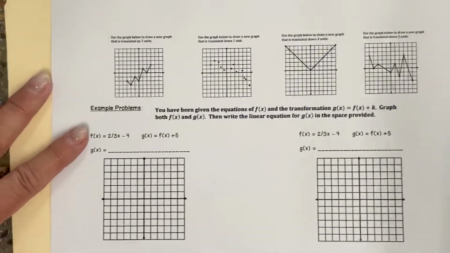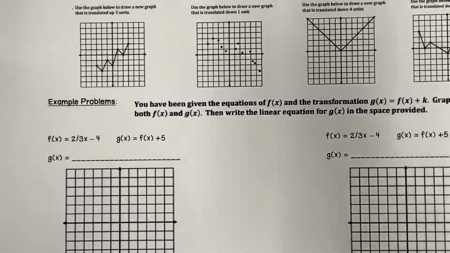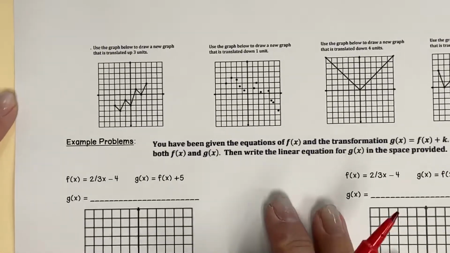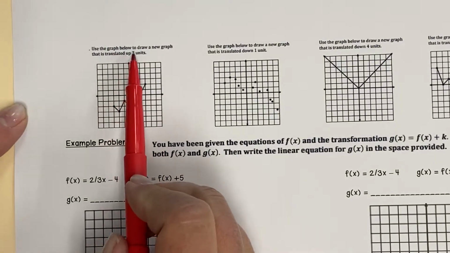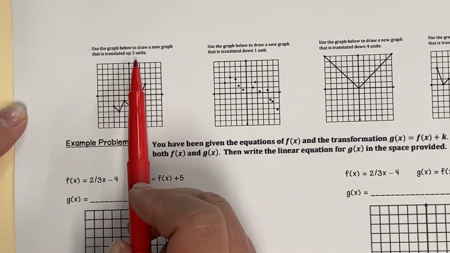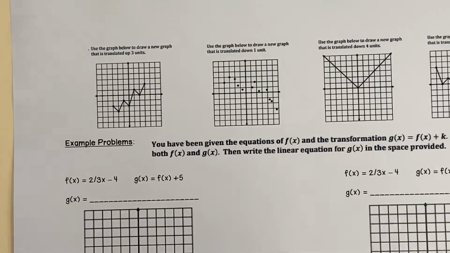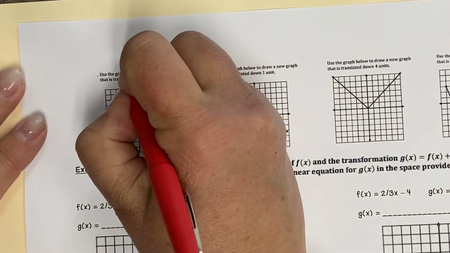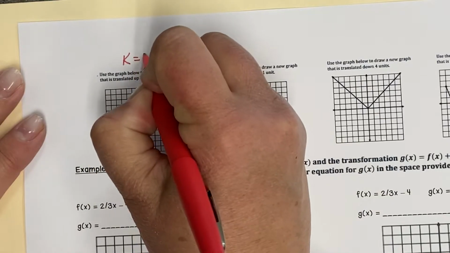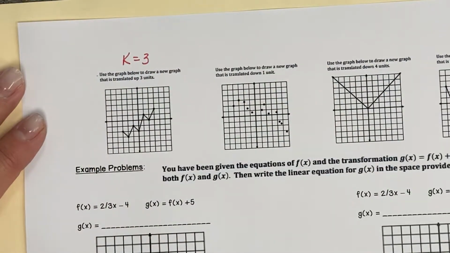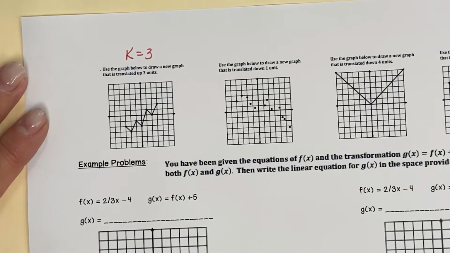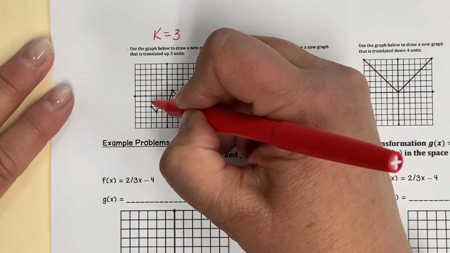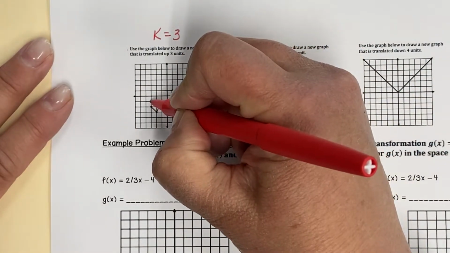Got these graphs right here. This one says, use the graph below to draw a new graph that is translated up 3 units. So it tells you in words to go up 3 units. This means that your K number is equal to 3 because we're going to go up 3. So basically, on a graph like this, you're just going to take every point and move it up 3.